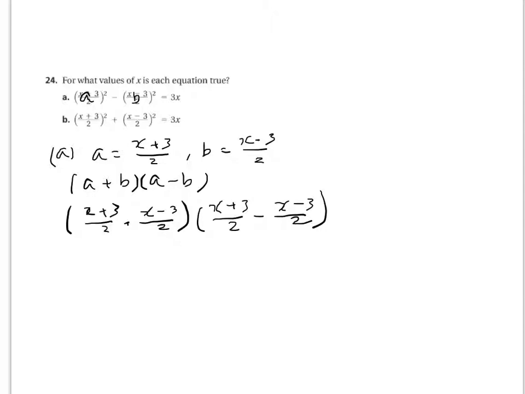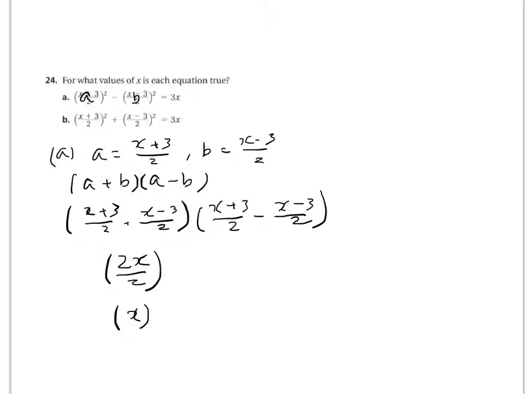We have the same denominator, so we can add just like normal numbers. So we have x plus 3 plus x minus 3, so the plus 3 and negative 3 cancel out, and we have 2x over 2, which is x. That's the left parentheses. It cancels out.